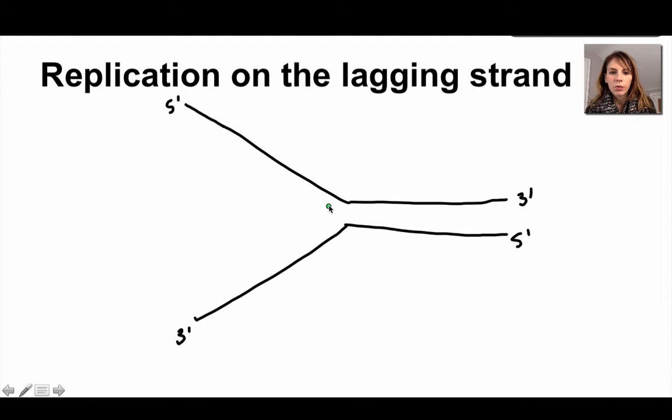So I'm going to have to show multiple fragments. And I would say that the first thing that happens in the synthesis of a fragment is that an enzyme called primase is going to lay down an RNA primer, which I've shown in green. And then I'll show the primase enzyme with a green circle. So in this diagram, the green circle represents my primase.